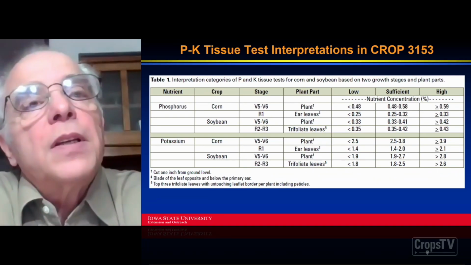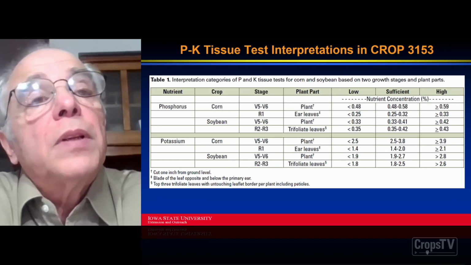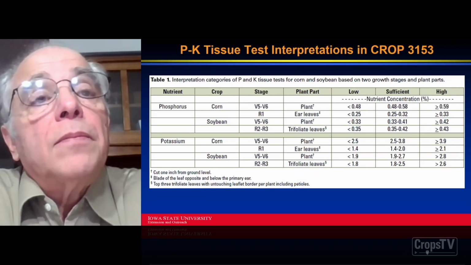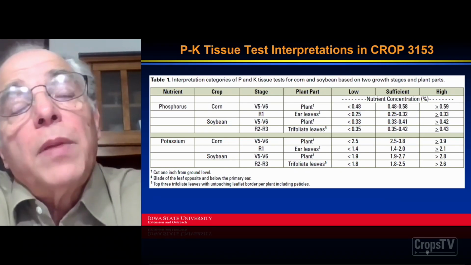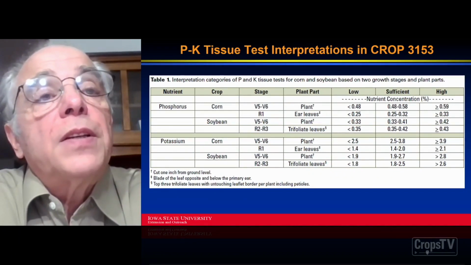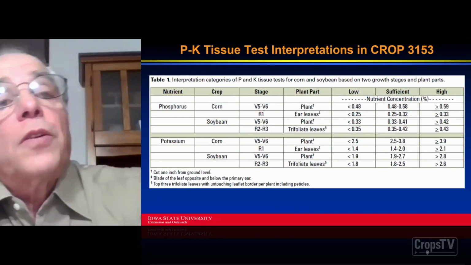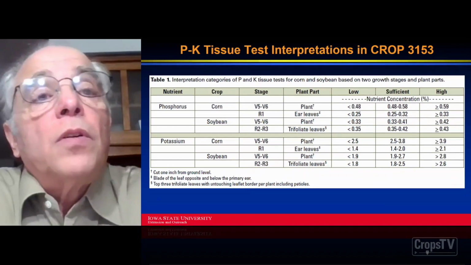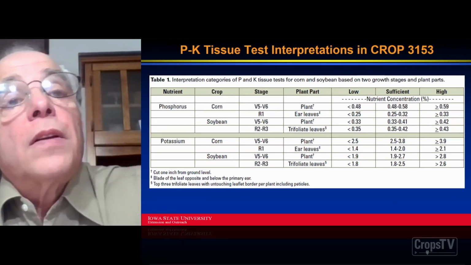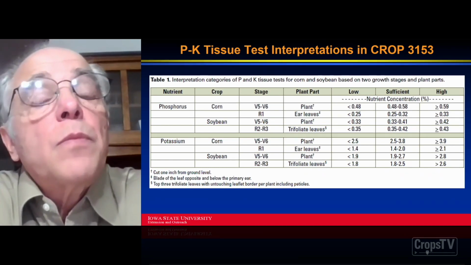That's a stage that many people sample all over the world. And then later at mid-season, at initial reproductive stages like R2, R3, trifoliate soybean leaves, the top leaves, and in corn at silking, the ear leaves.